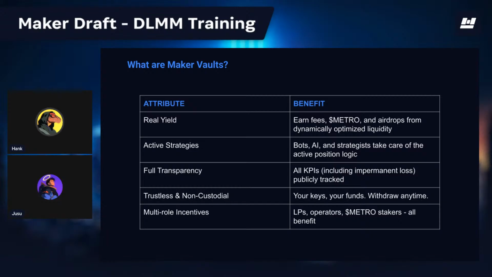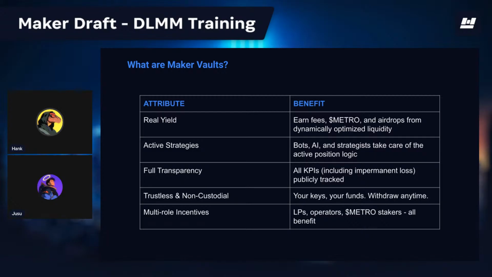Before we go into this, I really want to emphasize that the maker vaults we just launched are fundamentally different to what you know from Beefy or Itchy or other types of vaults you will see in DeFi. This is a completely permissionless vault ecosystem. This doesn't exist like this in DeFi.